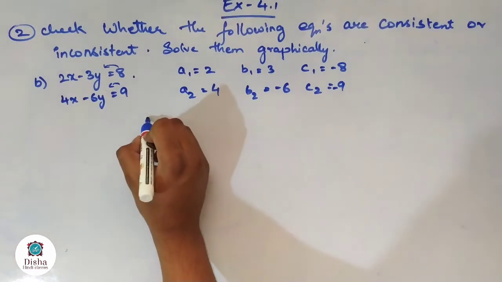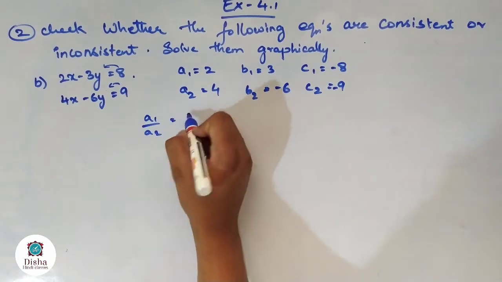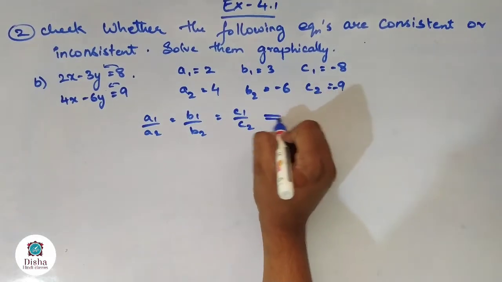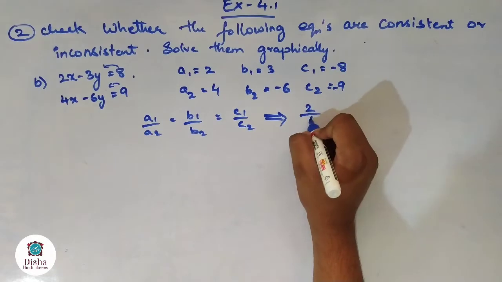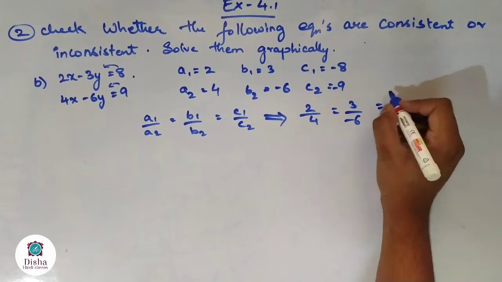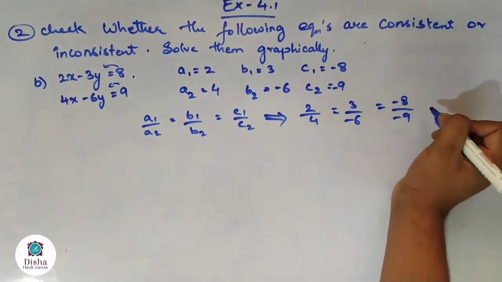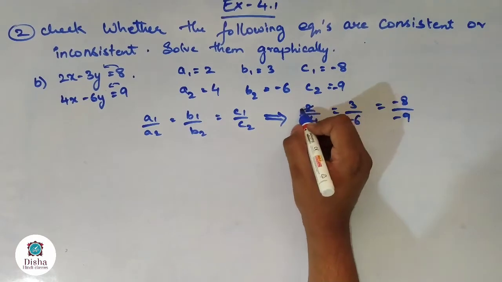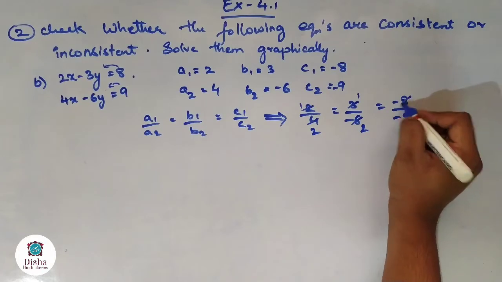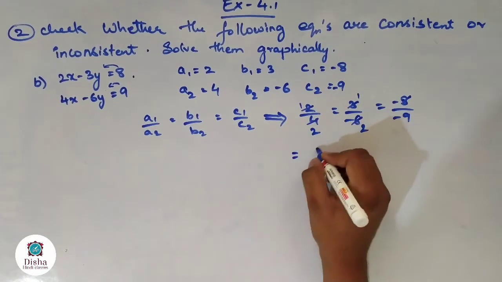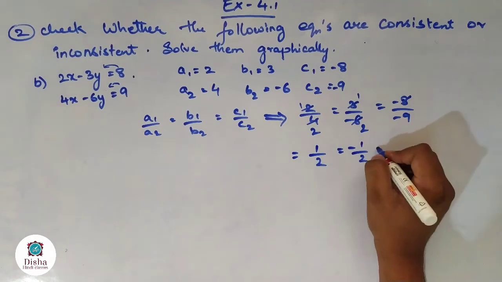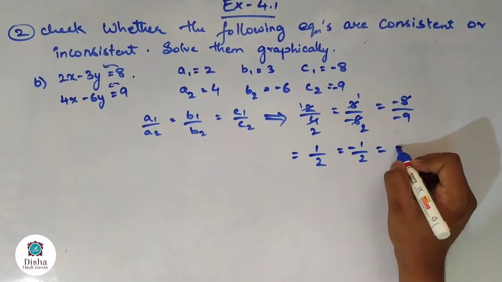So now a1 by a2 equals b1 by b2 equals c1 by c2, right? So a1 by a2 is 2 by 4, b1 by b2 is 3 by minus 6, c1 by c2 is minus 8 by minus 9. So 2 one times, 2 two times, 3 one times, 3 two times, and here we can't cancel anything. So therefore 1 by 2 equals minus 1 by 2 equals 8 by 9.